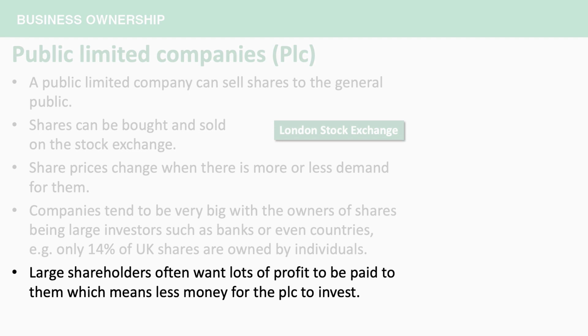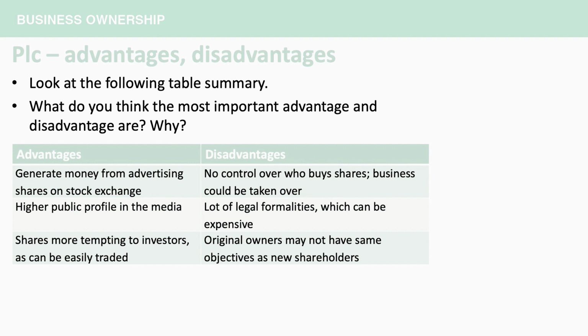And large shareholders often want lots of profit to be paid to them, which means less money for the PLC to invest. So just some advantages and disadvantages of the public limited company. You can generate money from advertising shares on the stock exchange.